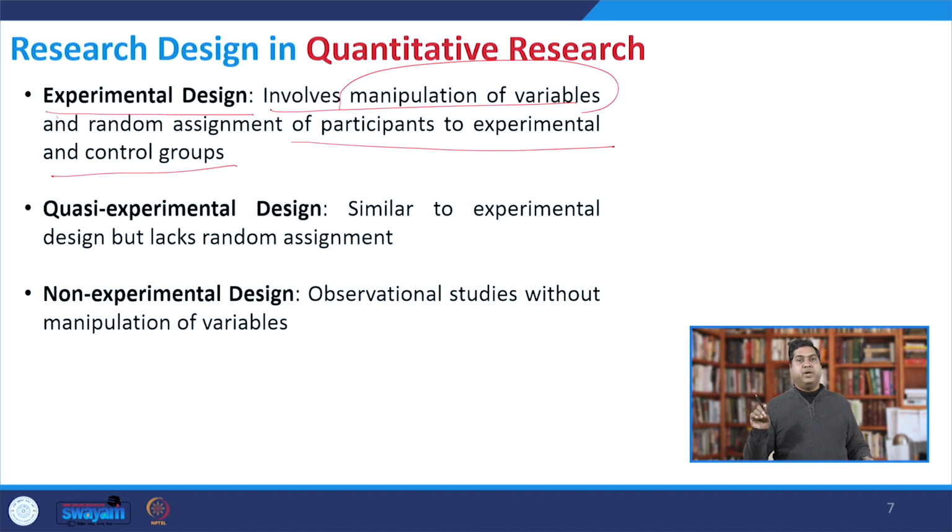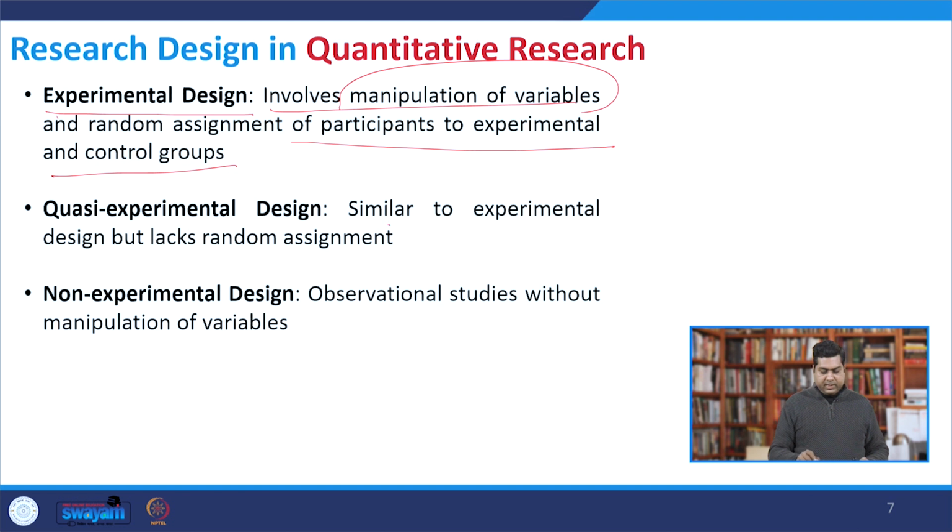Say you want to increase the humidity, or decrease the temperature. In all such cases you are tuning the environment and trying to observe the variation perceived by the subject or the respondent. That is why it is called manipulation of variables, changing the different levels.